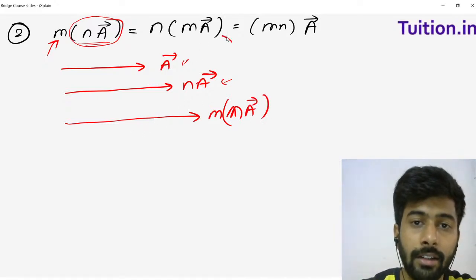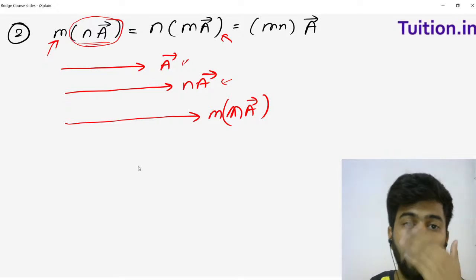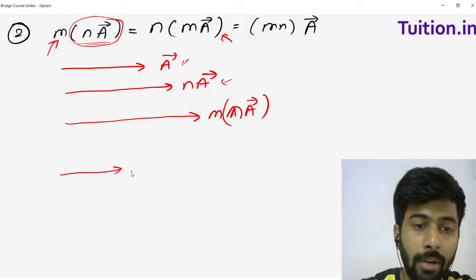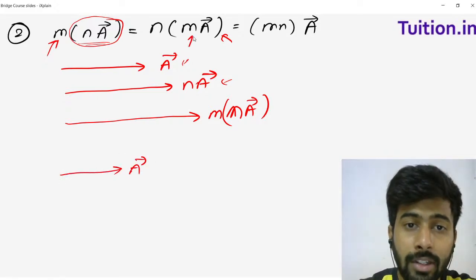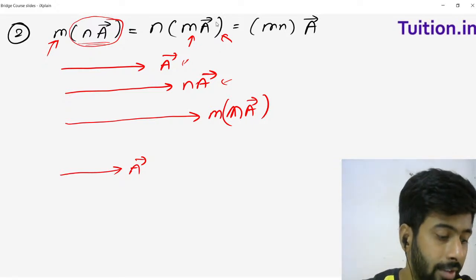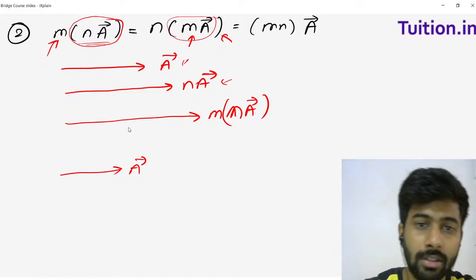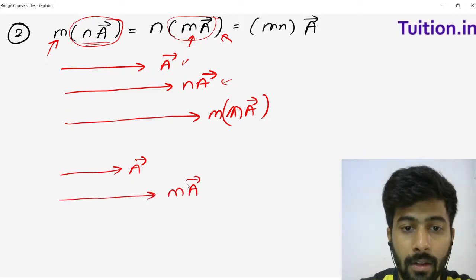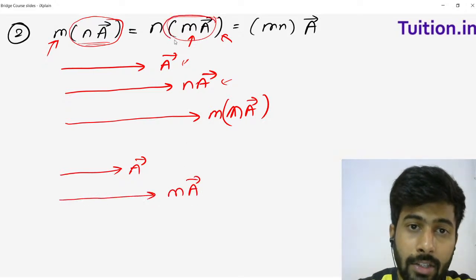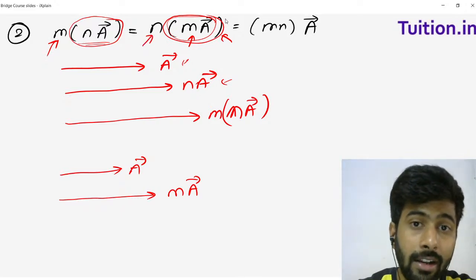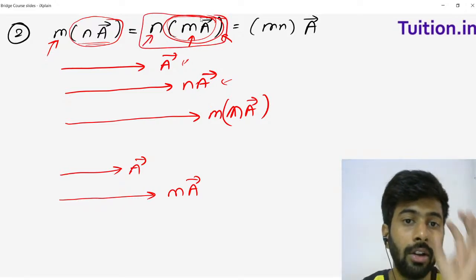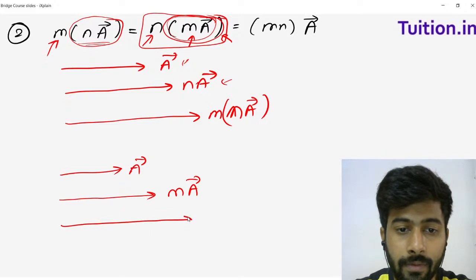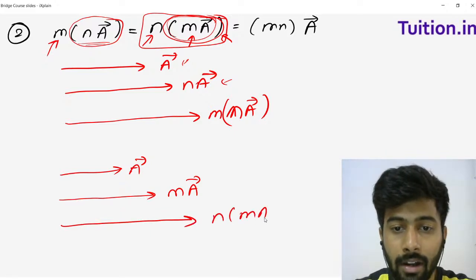Let's look at the term in the middle. Once again, you had a vector A bar. Now you multiplied it with m first. So this m a bar is a new vector. And then this new vector is being multiplied with another scalar n. So this whole final new vector is n m a bar.